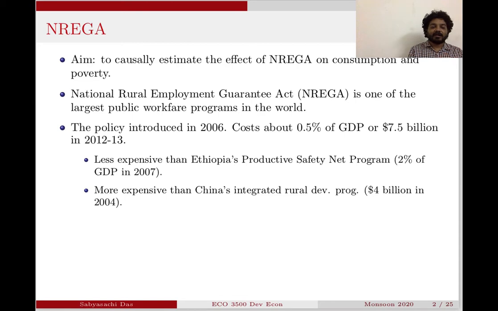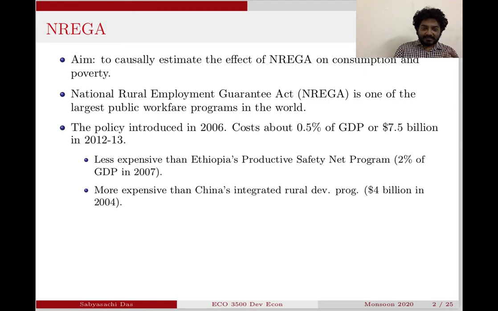And so the policy that I'm going to talk about today is the National Rural Employment Guarantee Act. You probably have heard about this in various contexts, including in newspapers and in public policy debates. It is a very important policy, and therefore it's really important that we as researchers, policymakers and the government have a sense to what extent the program is working, to what extent the money that is being spent under this program is actually leading to positive and desirable outcomes.